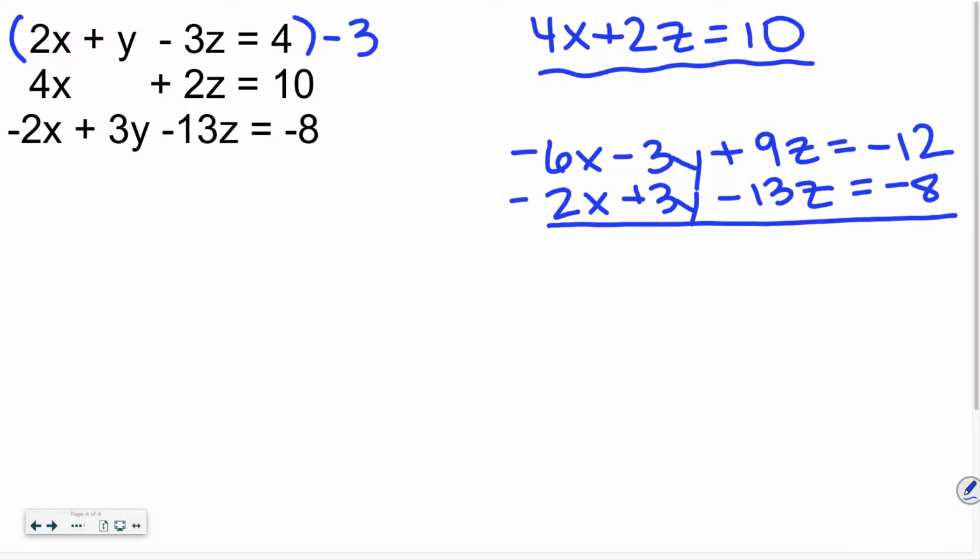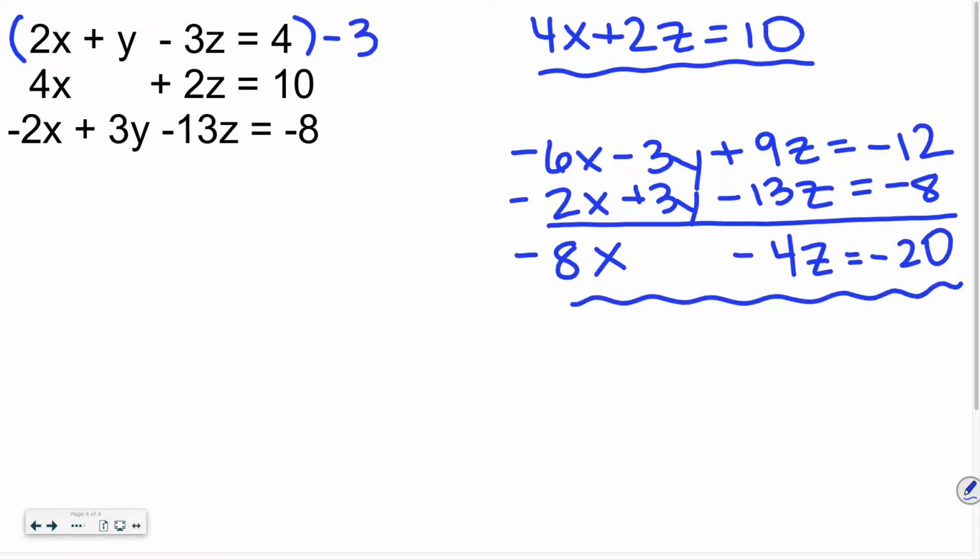So when we do that, our y's cancel. That was the goal. And we have negative 8x minus 4z equals negative 20. So I am working with those two squiggled equations.